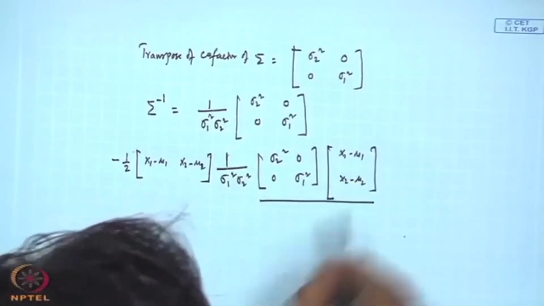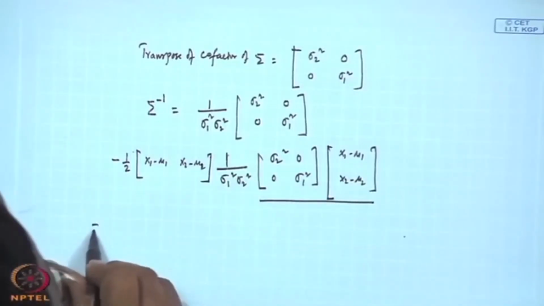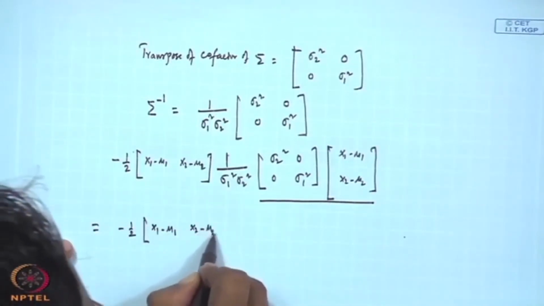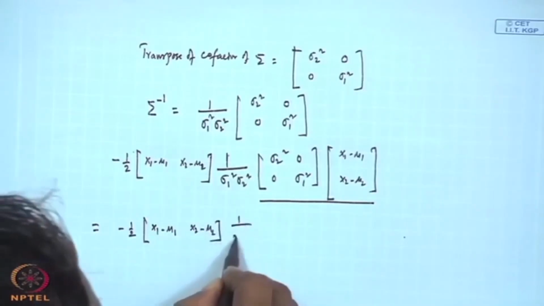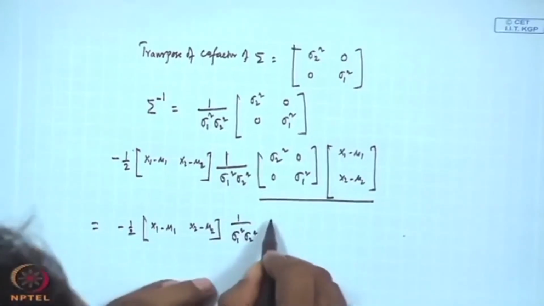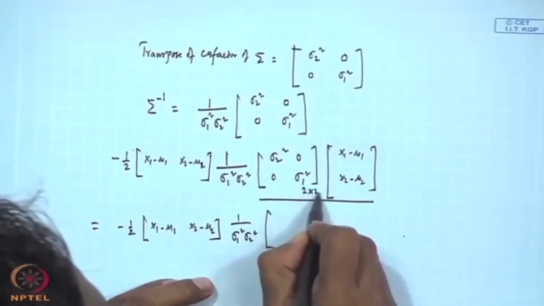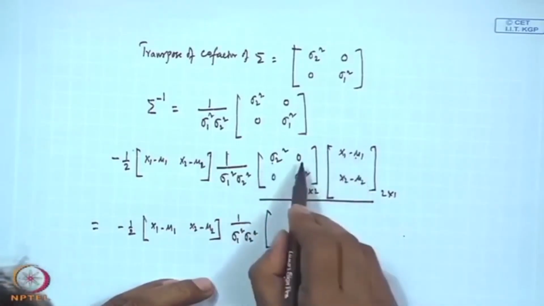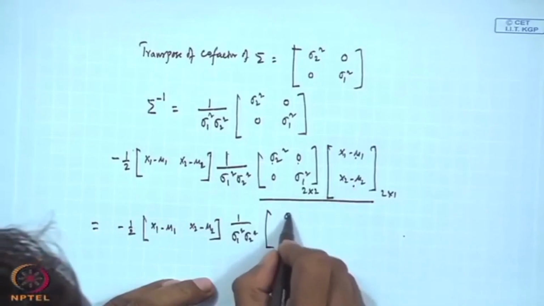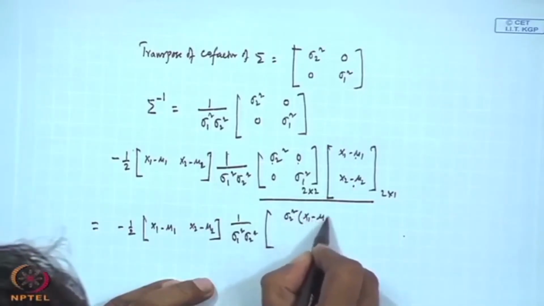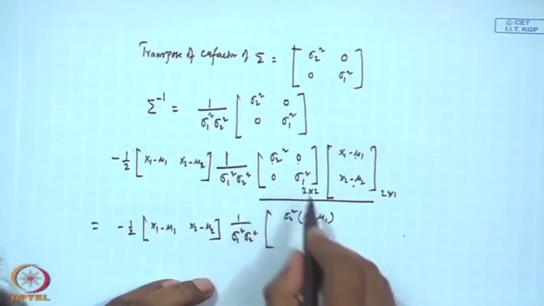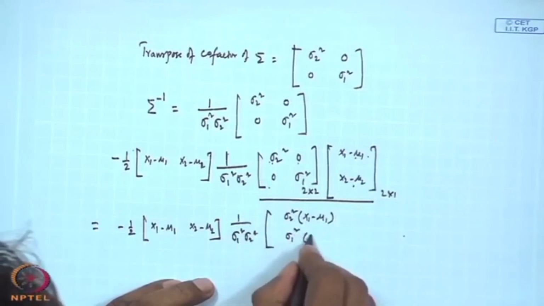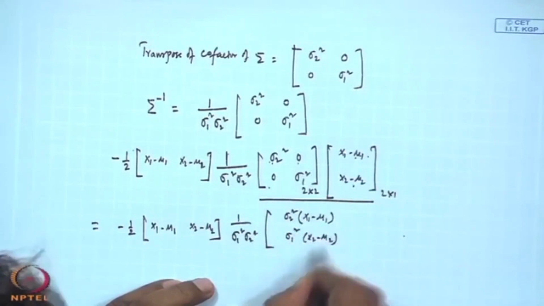Suppose I do this portion first, what will you get? This is 2 cross 2, this is 2 cross 1, so you get 2 cross 1. This into this plus this into this. So it is basically sigma 2 square times x 1 minus mu 1, then this into this plus 0, then 0 plus sigma 1 square times x 2 minus mu 2.